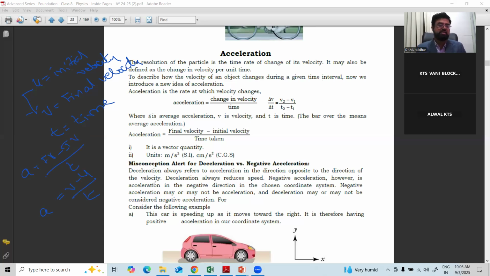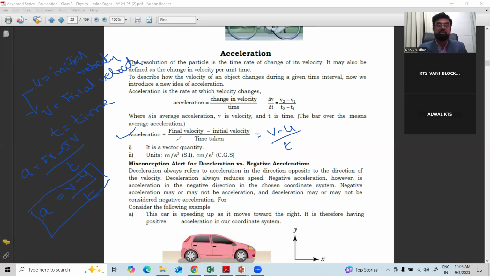So acceleration is given by the formula a = (v - u)/t. Generally we can say acceleration is nothing but increasing the speed, speeding up. Mathematically it is final velocity minus initial velocity by time taken, that is (v - u)/t.